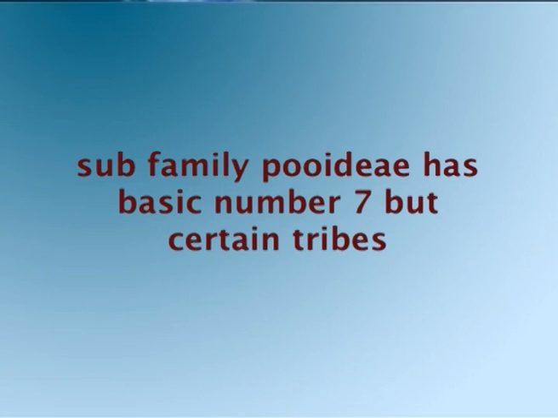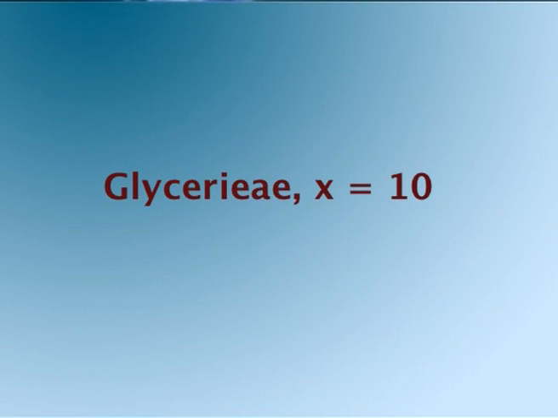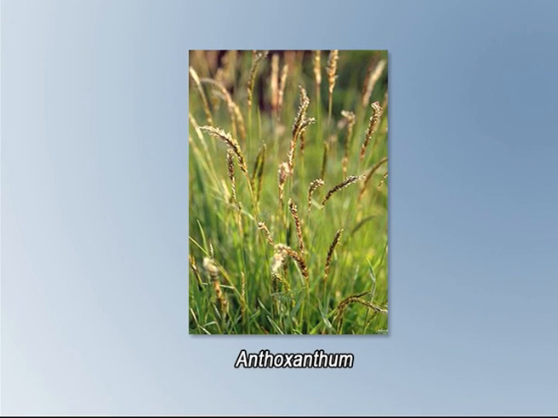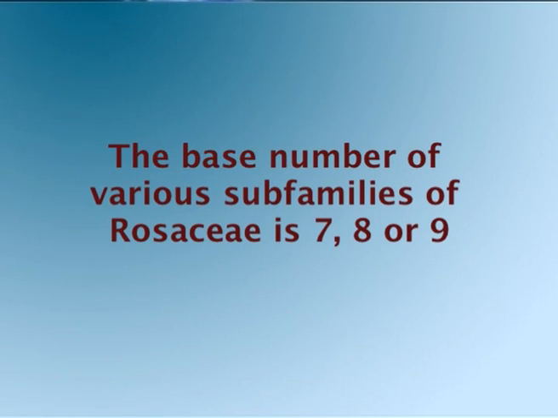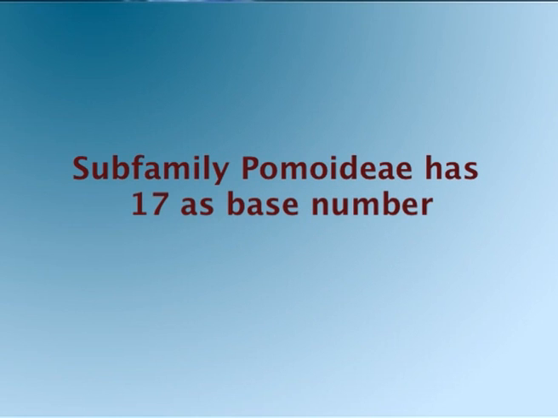For example, subfamily Pooideae has basic chromosome number 7, but certain tribes, for example Glycerieae, X = 10, or genera such as Anthoxanthum, X = 5, within it deviate consistently and illustrate the relative nature of the concept of base number. The base number of various subfamilies of Rosaceae is 7, 8 or 9, but the subfamily Maloideae has 17 as base number.